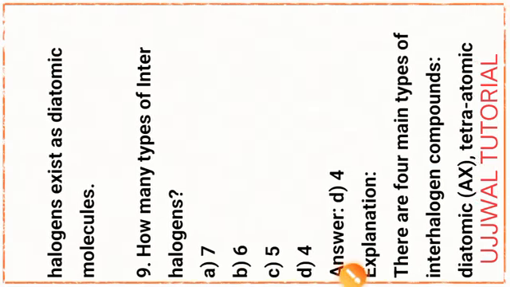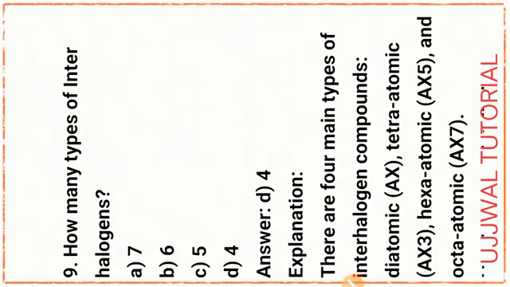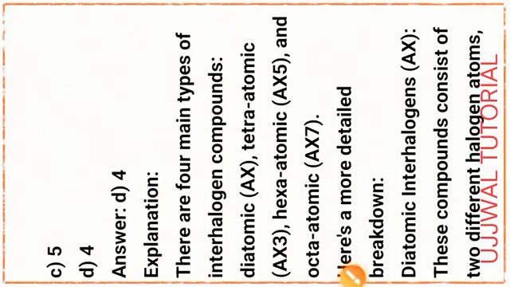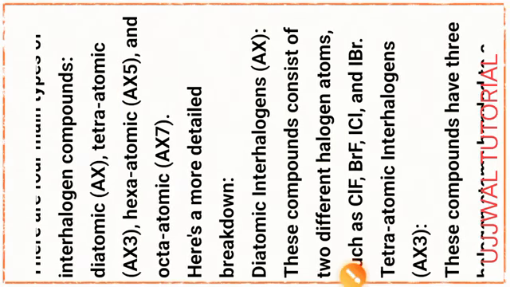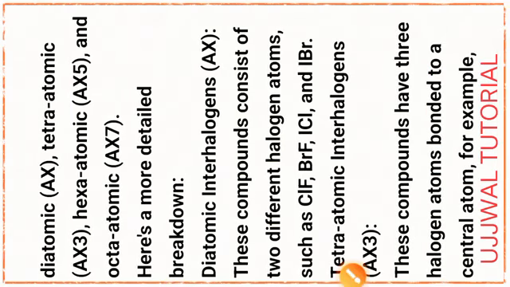Next question, question number 9. How many types of interhalogen compounds are there? Option 4. Explanation: there are 4 types of interhalogen compounds, that is diatomic, tetratomic, hexatomic, and octatomic. Diatomic examples are ClF, BrF, ICl, and IBr.